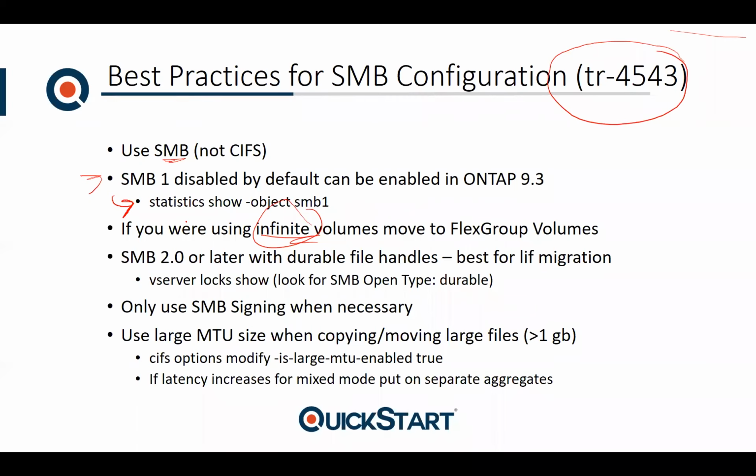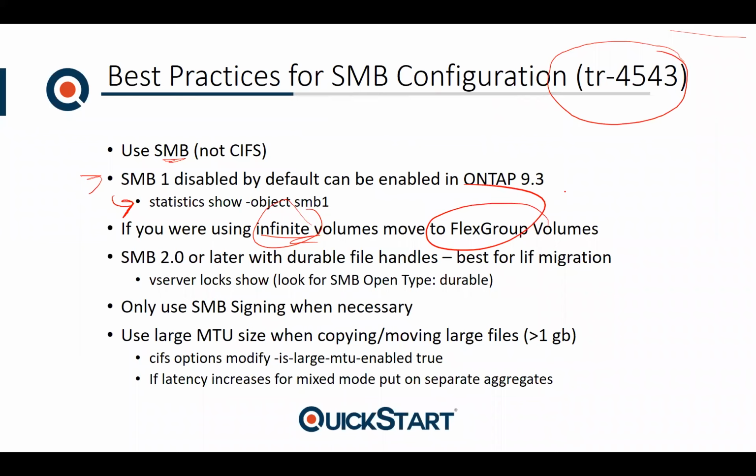One of the things we've got nowadays in ONTAP 9.3 is what we call FlexGroup volumes. These are really a replacement for the infinite volume. So FYI, if you have been using infinite volumes in your clusters and you're thinking about upgrading, you might want to think about migrating those over to FlexGroup volumes. FlexGroup volumes don't have a lot of the same limitations as infinite volumes.